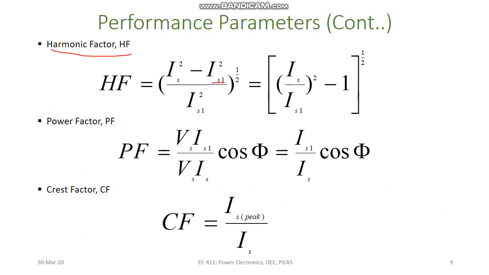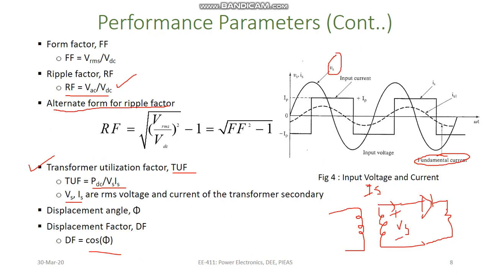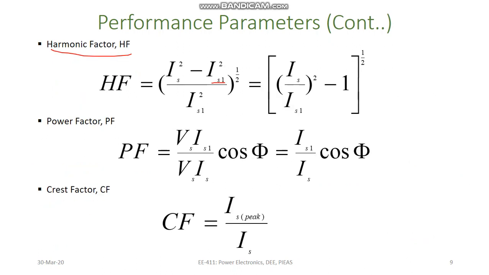The first harmonic Is1 is the fundamental harmonic, and Is is the RMS value of the input current. So the square root of Is square minus Is1 square, divided by Is1 square, is defined as the harmonic factor.